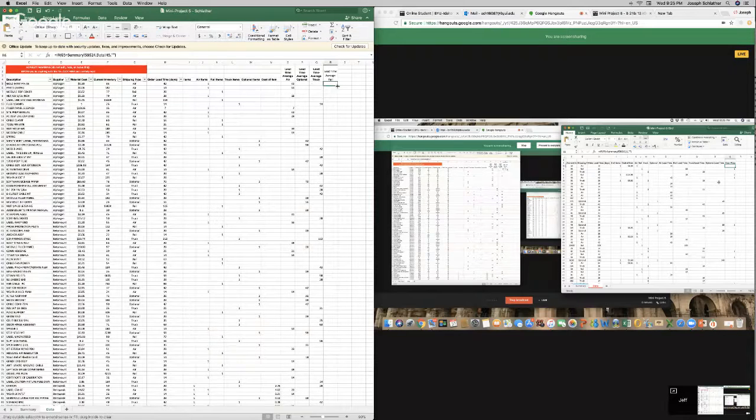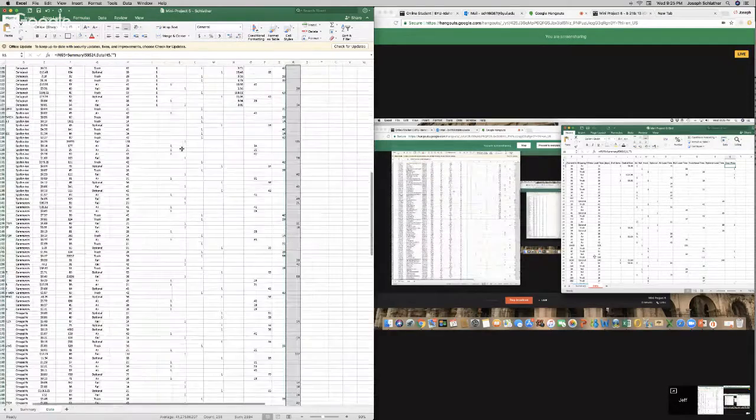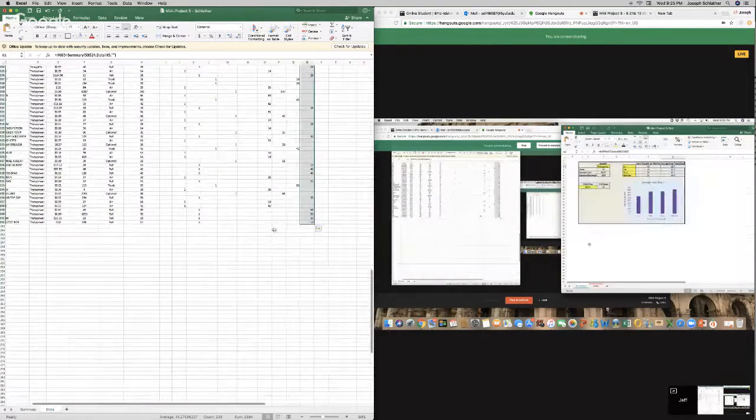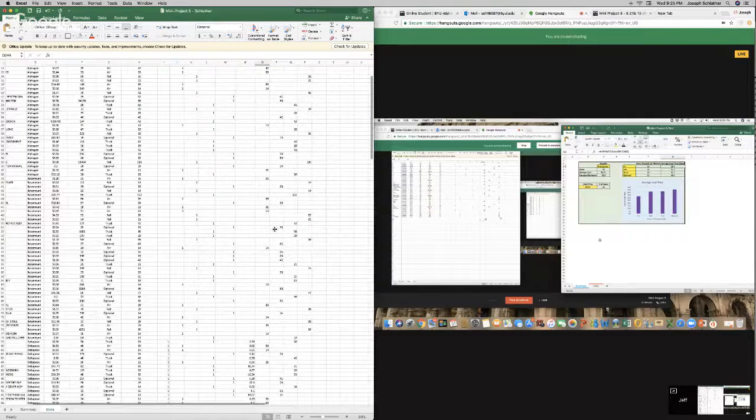Okay. And then I just get the average of those, and then I graph that. Yes. Where did you put the average? Did you just put the average on the bottom? So I put the average on my summary sheet. Oh, right.